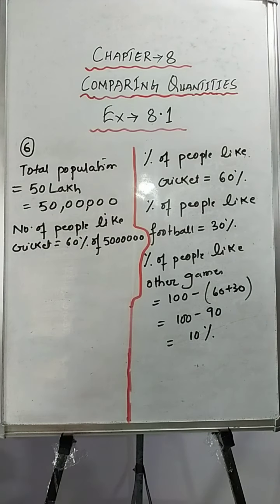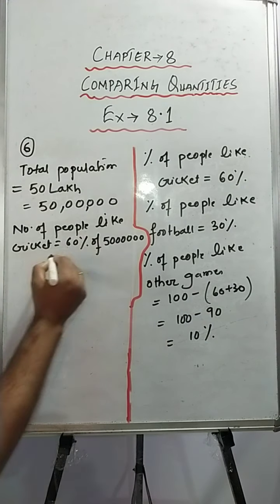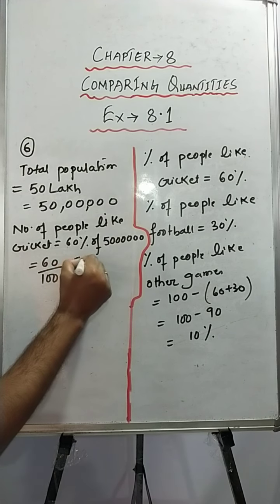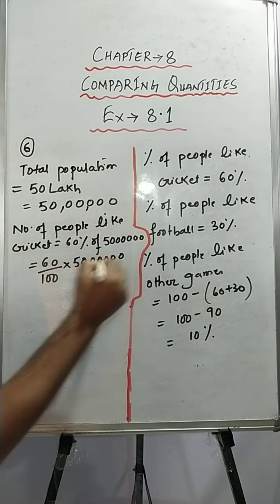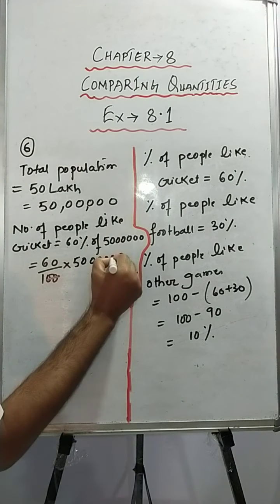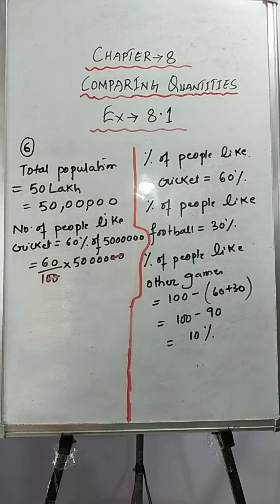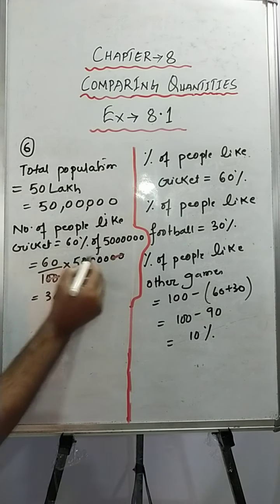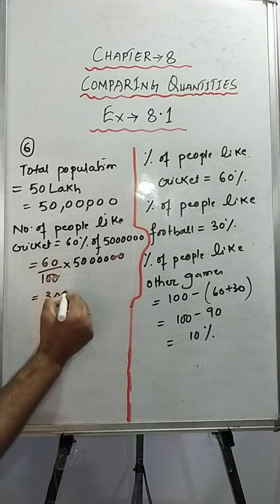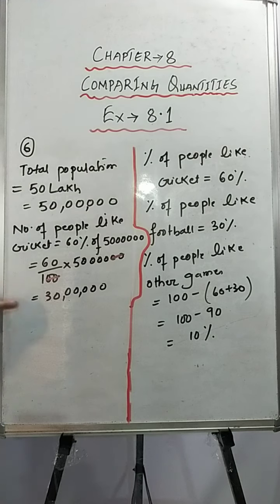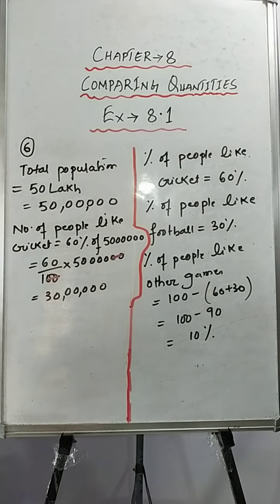So we have to solve this. So 60% means what? 60 by 100 into 50 lakh. Now we have to reduce these two zeros. Now, 6 fives are what? 30. And we'll write all the remaining zeros: 1, 2, 3, 4, 5. That means 30 lakh people like cricket.